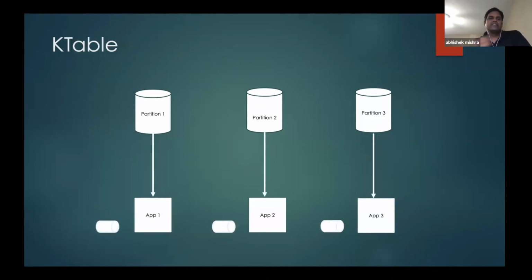Okay. Internally, when you are doing something like a count that you saw in the code example, the counts will be stored in what is called a KTable, and these counts are tied to the specific partition. The KTables are backed by what is called RocksDB in Kafka, and they will be stored on the disk.